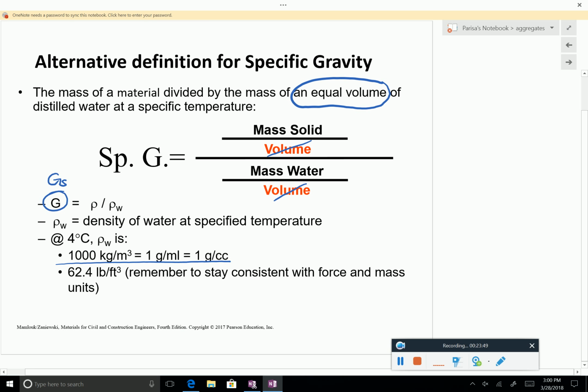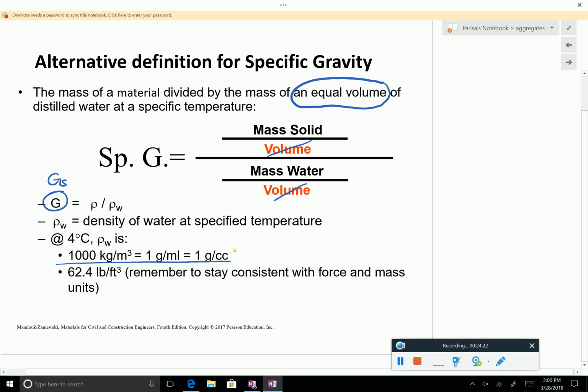So sometimes a specific gravity is defined by just dividing the mass of solid over the mass of water if they have the same volume. So don't be surprised if you see the definition as just a division of two masses, but they have to have the same volume. And I already told you that you may see different ways of writing a specific gravity, G sub S, but you have the same thing.